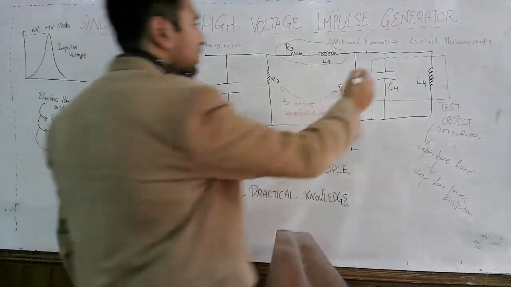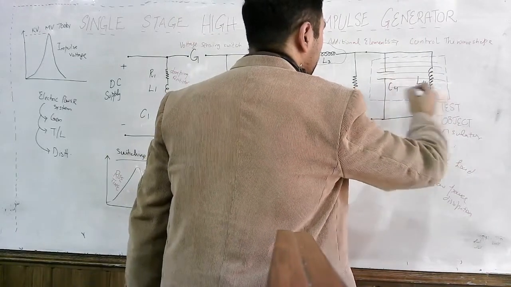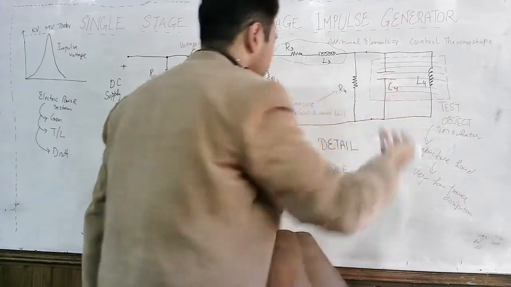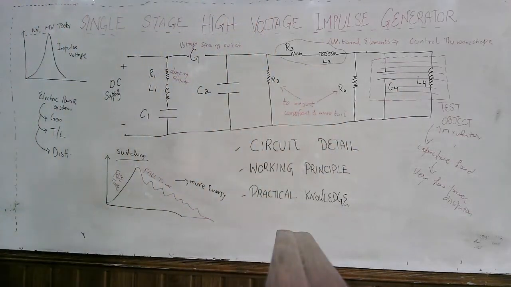So this is the test object, or the insulator under test. It is indeed more capacitive in nature. Normally test objects are more capacitive in nature.